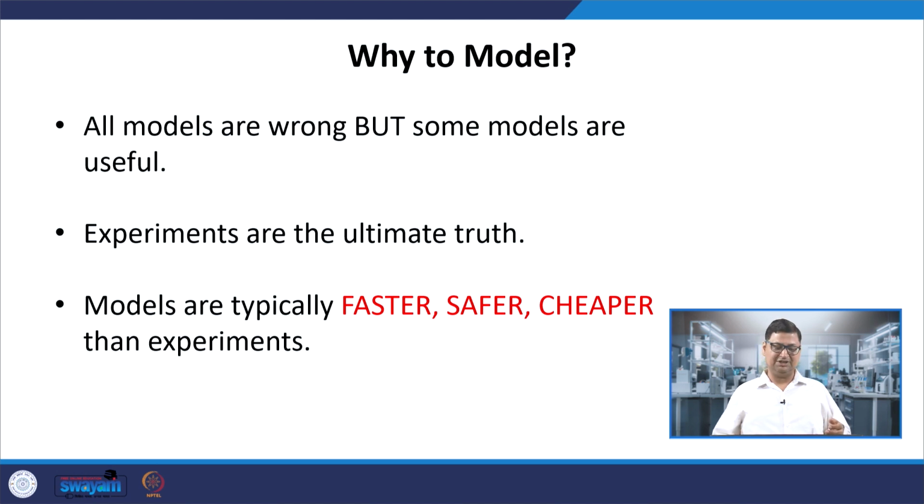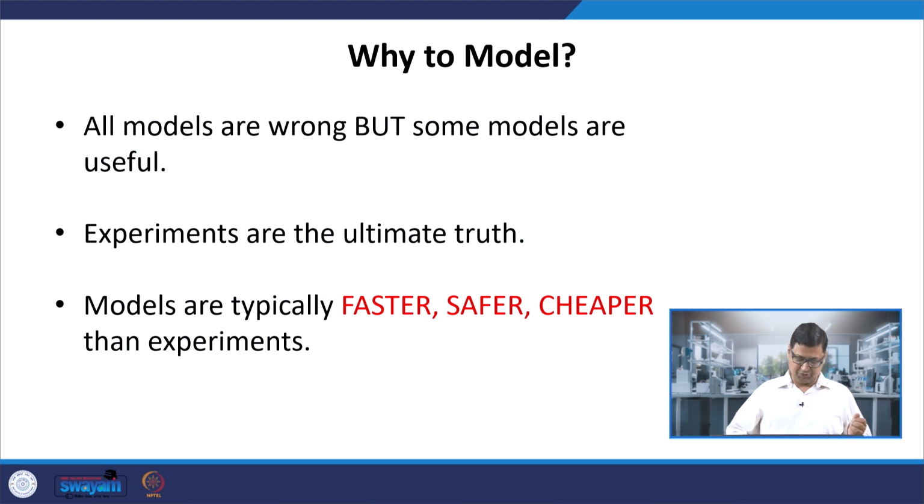If I want to design a new chemical plant or set up a new chemical plant, let us say for ammonia synthesis, the fact that I know Le Chatelier's principle and the fact that I know about this particular chemistry, I can actually predict the behavior of a system by some kind of a mathematical model, and I can figure out what I am trying to do, whether it will work out or not.